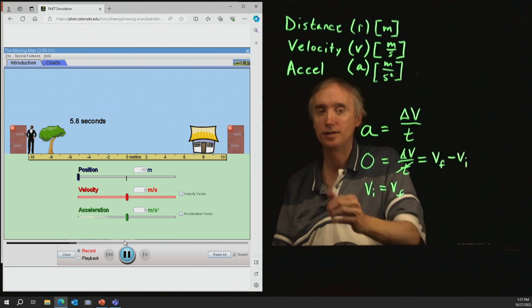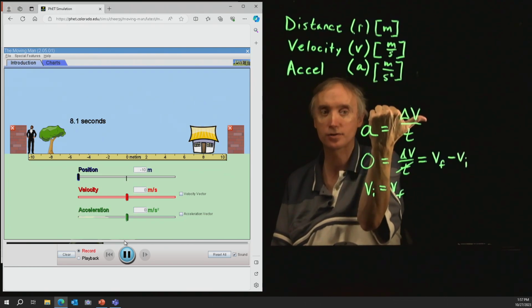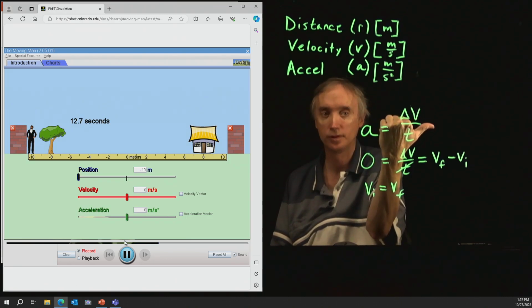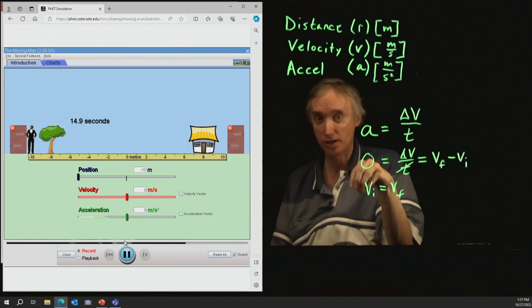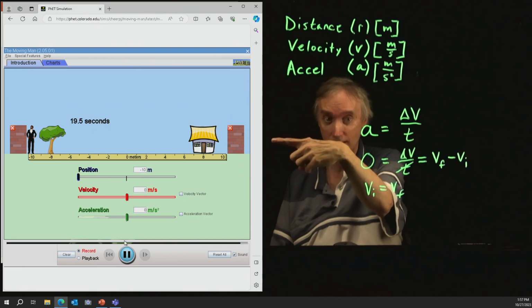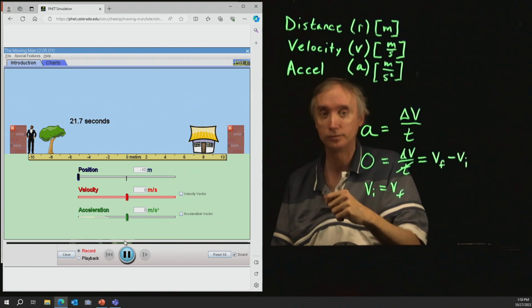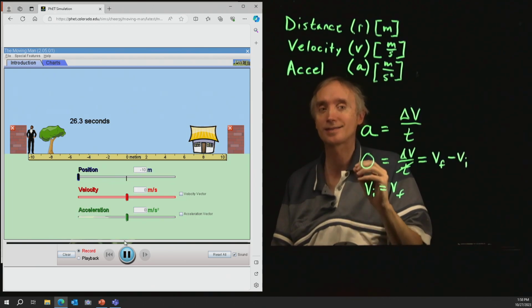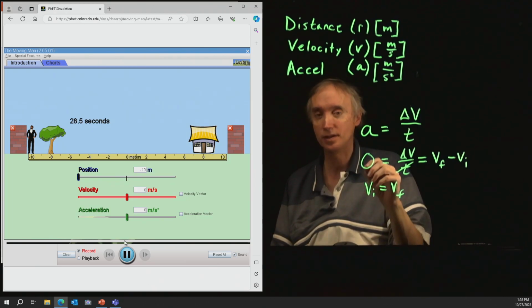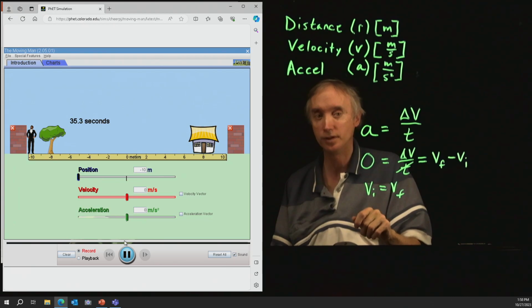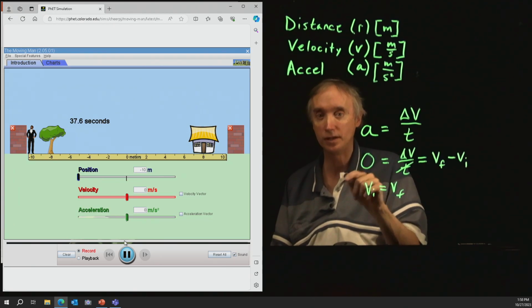So you notice that initially he was going in this direction because his speed was in this direction. And then he slows down, comes to a stop, and then starts going in that direction, and he starts speeding up in that direction. So what this tells you is acceleration is the ultimate control knob. So your acceleration will determine, in the long run, your speed.